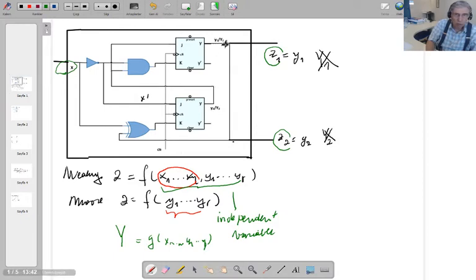Which one am I going to choose? I'm going to write y1, y2, not capital Y1, capital Y2. According to this definition, my Z function is a function of the state variables only. Therefore, this is a Moore machine.